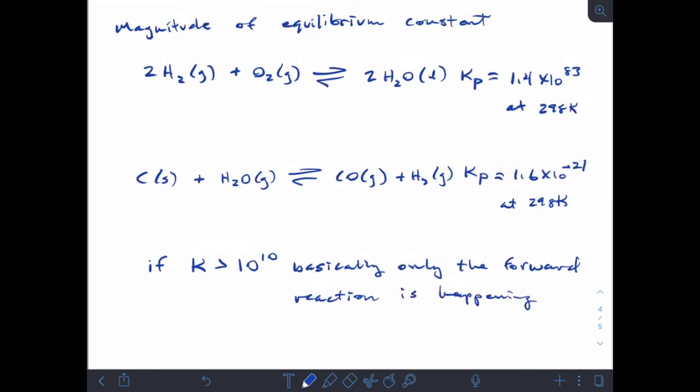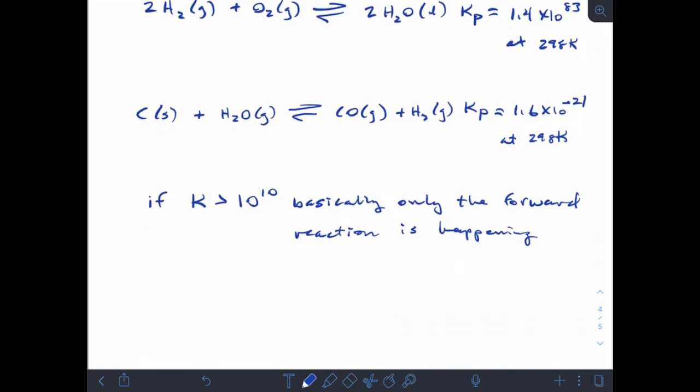Okay, so technically there is an equilibrium. Technically, for this reaction to make water, there is some measurable amount of water that is breaking apart into hydrogen and oxygen at the same rate that water is being formed. But that part of the equilibrium is so minuscule that we say that essentially this reaction goes to completion.